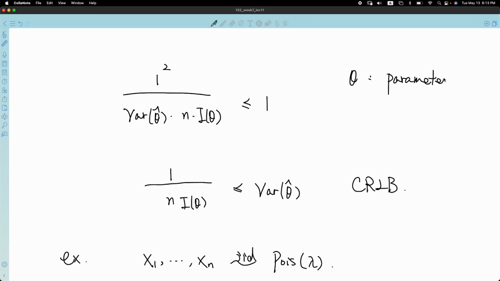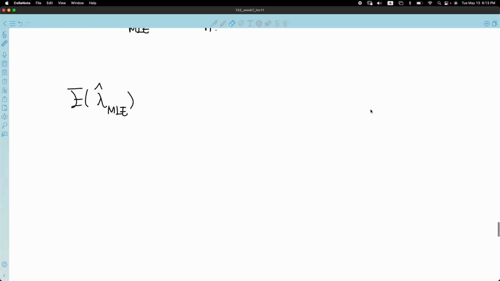Depending on what distribution you're working on, replace your theta with the parameter in that distribution. So in gamma you have alpha, beta. In normal you have mu and sigma square, and then just replace the theta with the one that you are working on. The theta is just a generic parameter notation for any of the models. But if working on a specific model, use the corresponding parameter. Okay. So in our case, this is lambda.